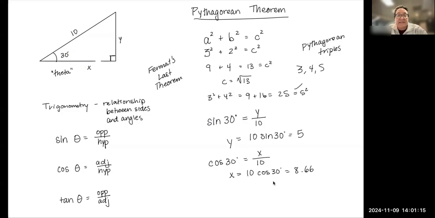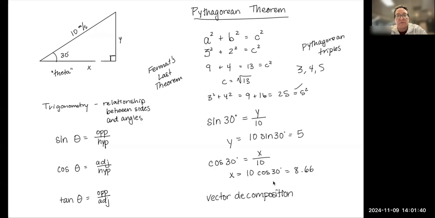And so this is something that we're going to use in physics to do what we call vector decomposition. That's when we have something like this 10 on the hypotenuse. Maybe it's 10 meters per second, and I know I'm traveling 10 meters per second in that direction.